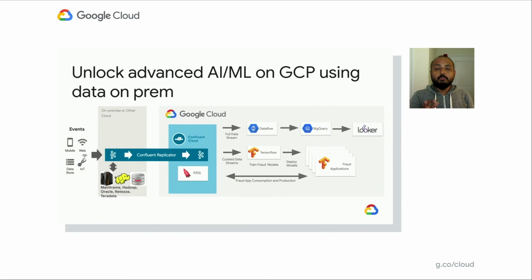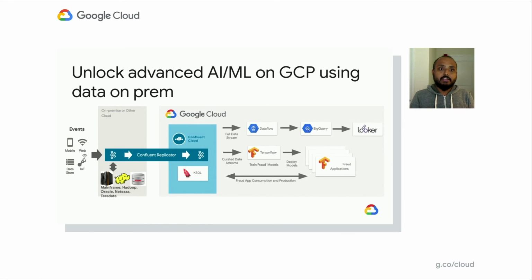I just want to take a second, and hopefully you will appreciate and relate that though this particular case is a fraud detection application, a very similar pattern can be applied to almost every other use case, from consumer behavior analysis to market trend analysis to every other business scenario you can think of.